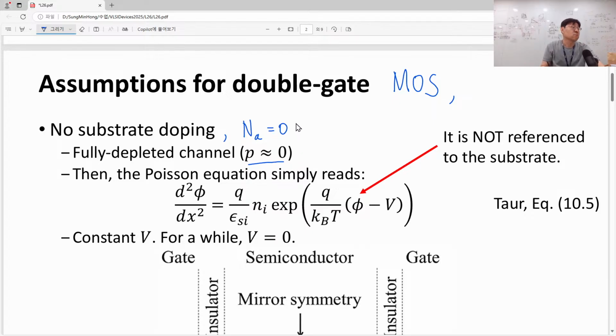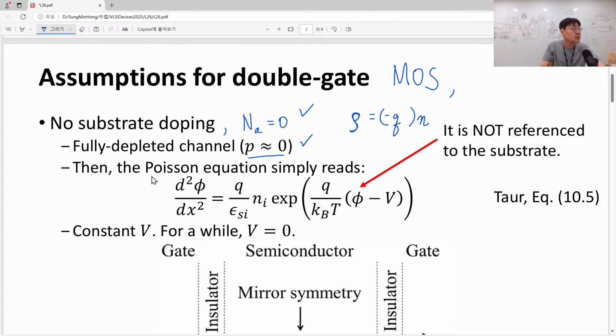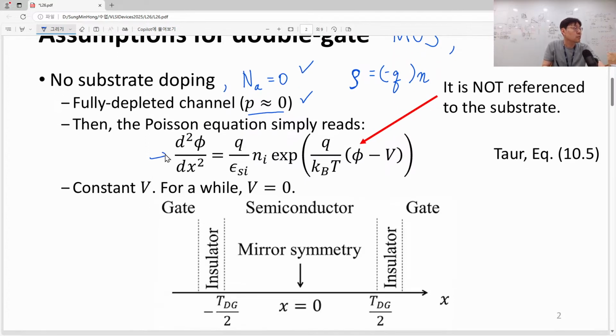In this case, the net charge density inside our device is solely given as minus 2 times n. Only electrons are contributing to the net charge density. Then the Poisson equation can be simply written in this form. Of course, we must write down many contributions from holes and doping density on the right-hand side. However, nothing occurs here, and only the electronic contribution remains.